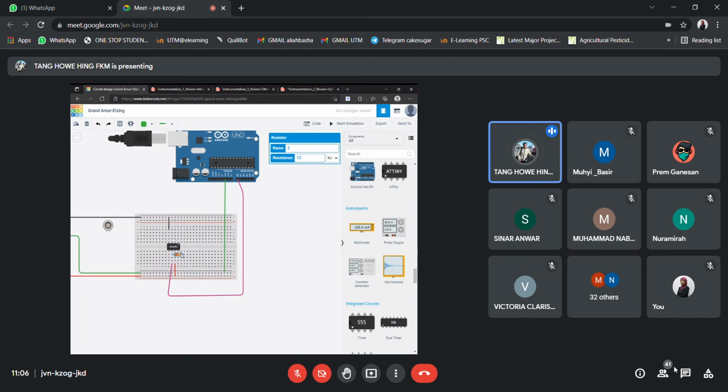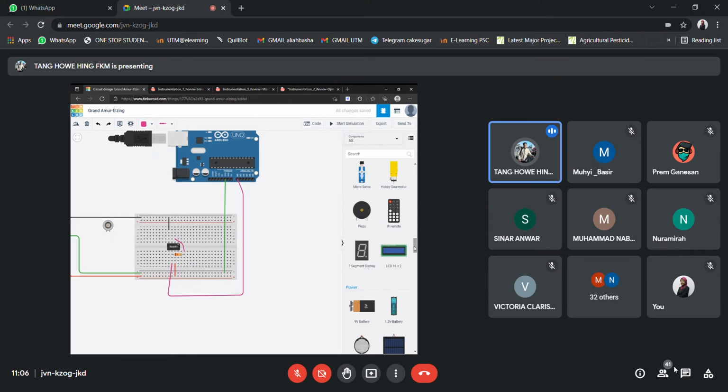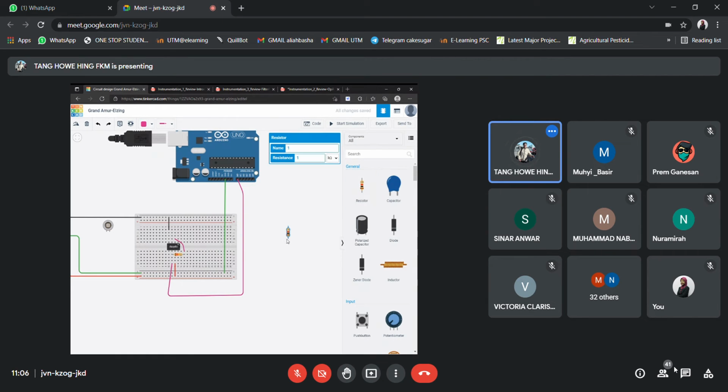All right, so let's see. This is 12 kilo ohm, and therefore we connect it to the inverting input, and this one is pink color. And then for resistors, we have 1 kilo ohm resistors, and these resistors, all right, put it here.